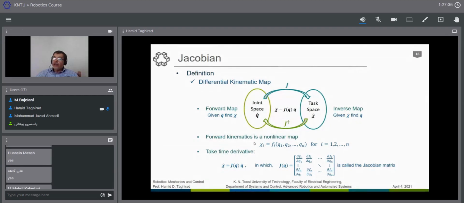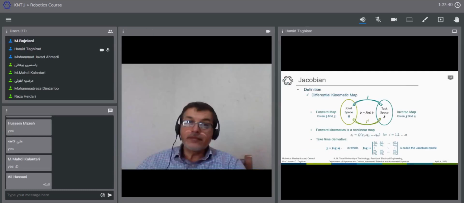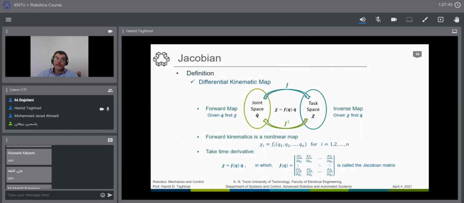Now, look at this problem in terms of mathematical formulation. We call x dot equal to J(q) q dot.